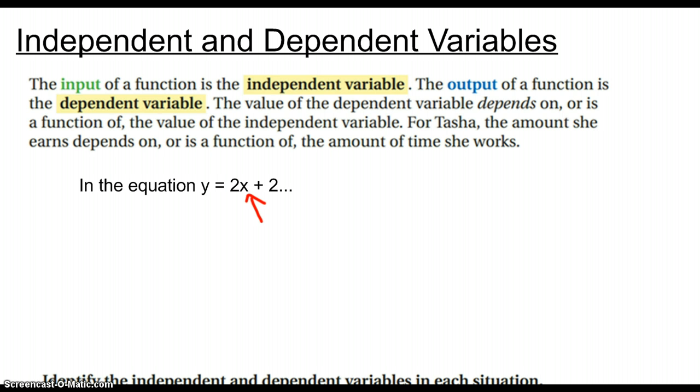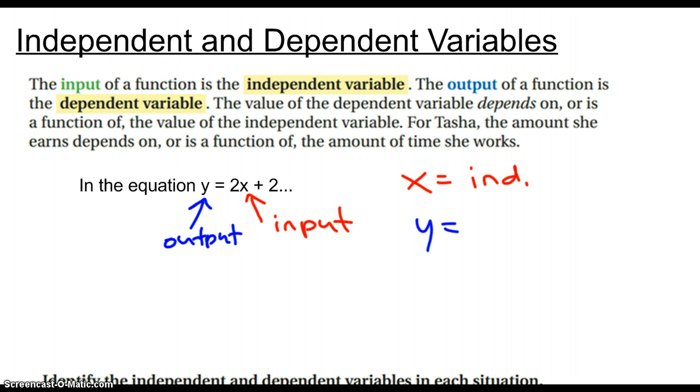So x is the input, and remember y is your output. So according to the definition, the independent variable is going to be my input, or the x. So x equals independent. And according to the definition, my output, or y, is my dependent.